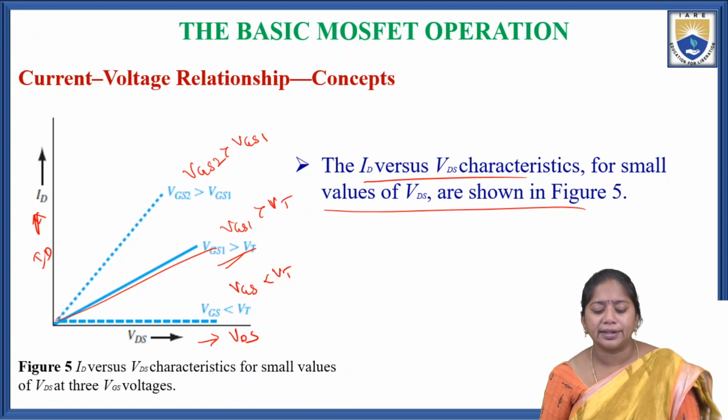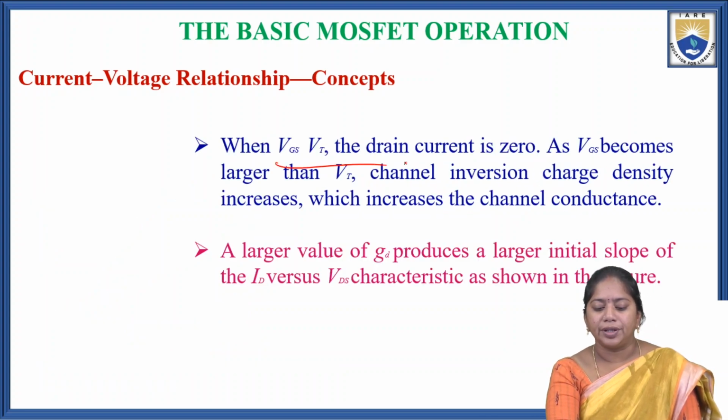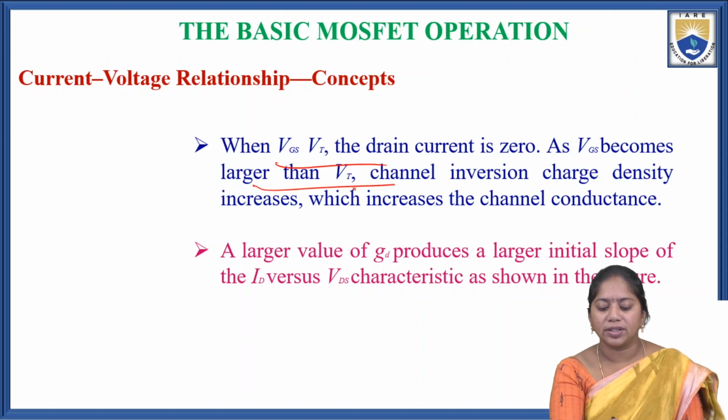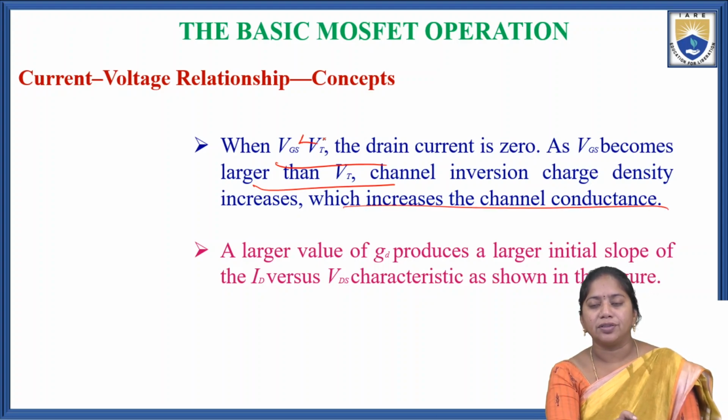So here the drain current is a function of the drain to source voltage. Where VGS is less than VT, the gate source voltage is less than the threshold voltage, and the drain current is 0.